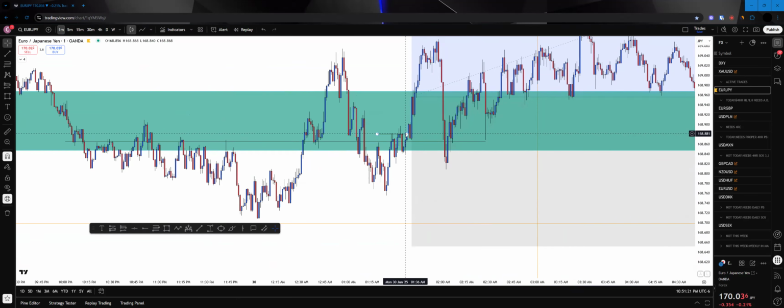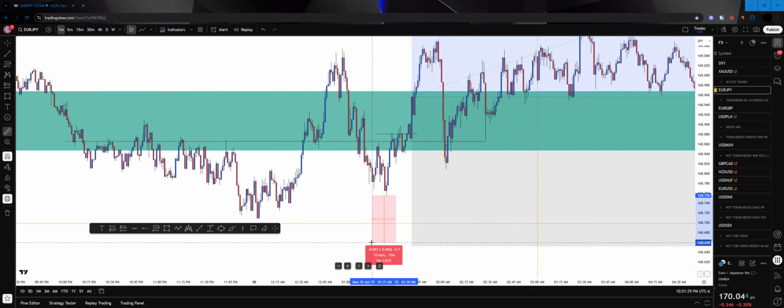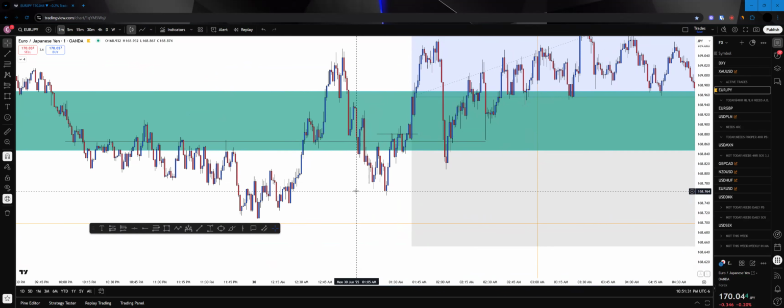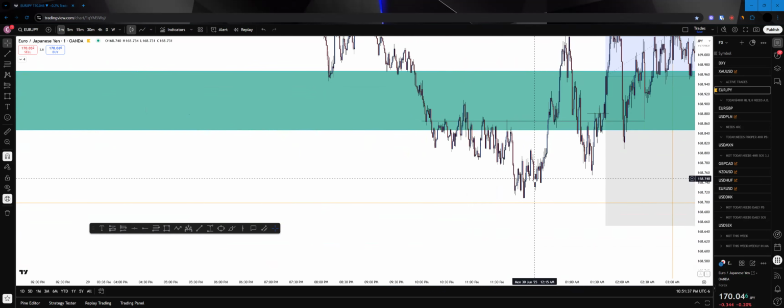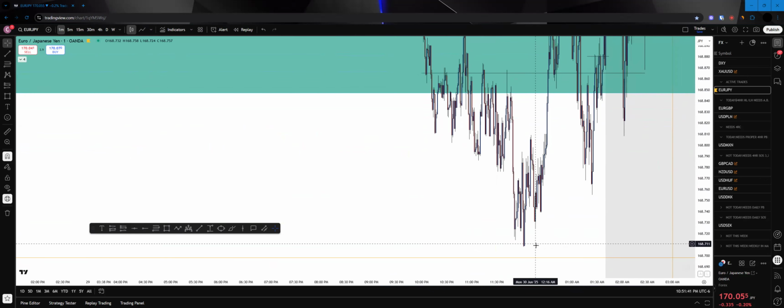But this time, if we held it, it would have really screwed us over. So it just depends. Here we have the accumulation level. Price went bearish to bullish. Last point is here, but I would have counted this level right here. So right here.